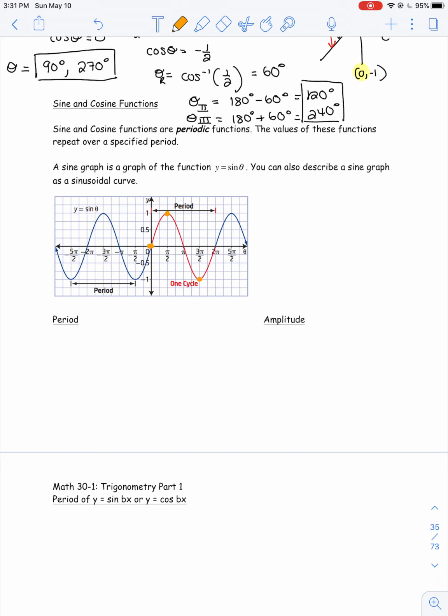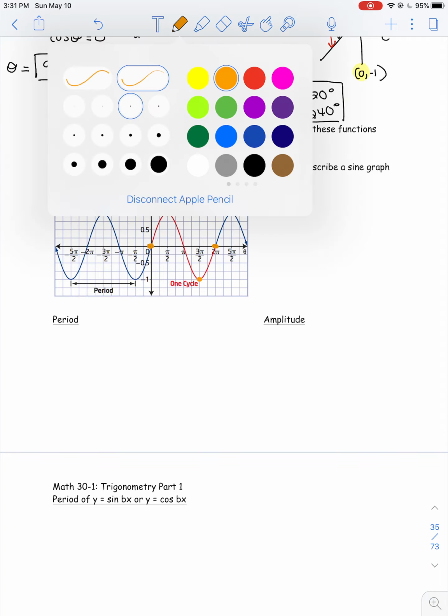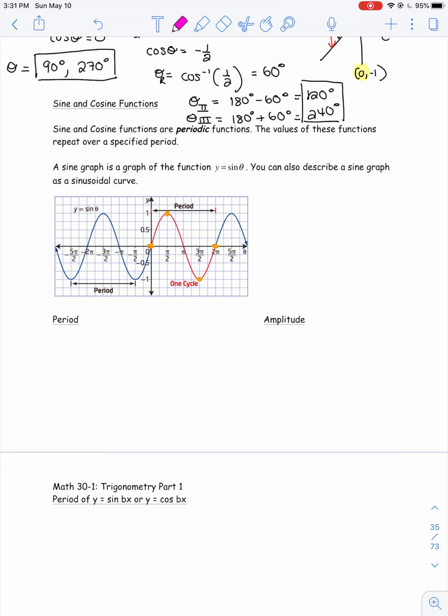Then it comes back to its original starting point at 360 degrees. That makes one wave shape. That is one cycle, one revolution around the circle. Then it repeats itself, going either counterclockwise or clockwise. We can go to the left, or we can go to the right and make the angle positive.